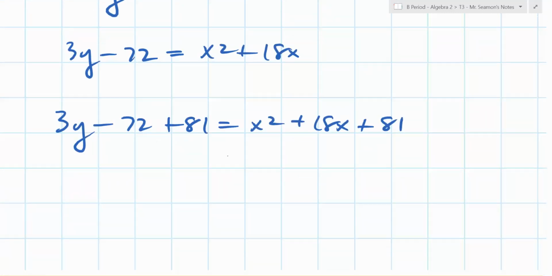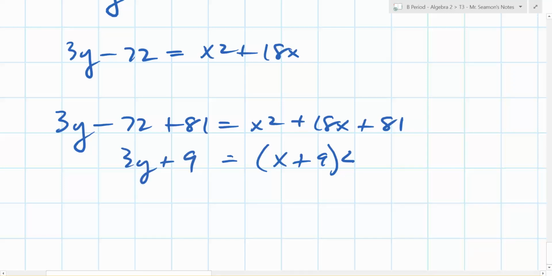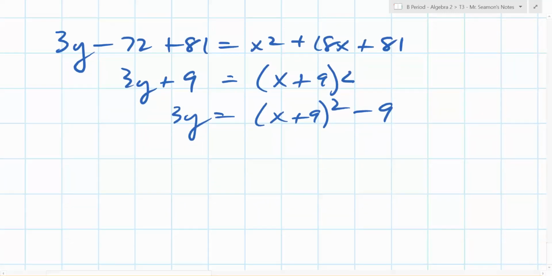So what does this right-hand side factor into? x plus 9 squared, and this is 3y plus 9. So you end up with 3y equals x plus 9 squared minus 9. Divide everything by 3. So y is 1/3 times x plus 9 squared minus 3.